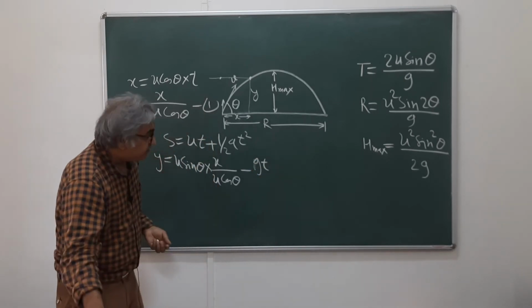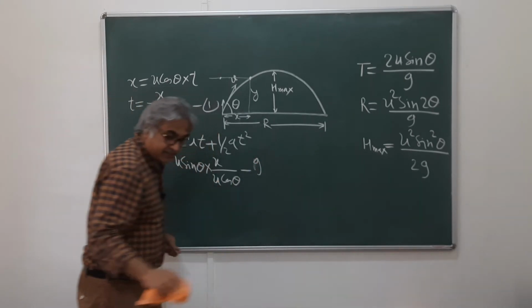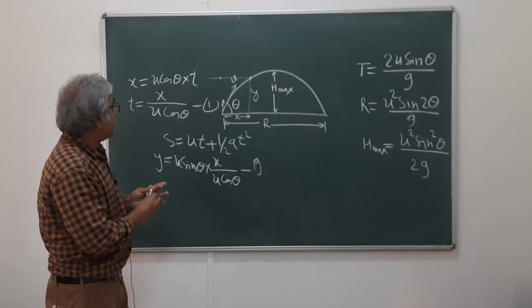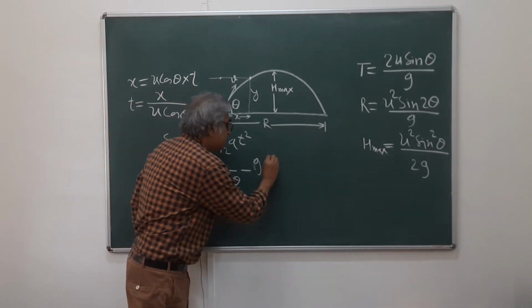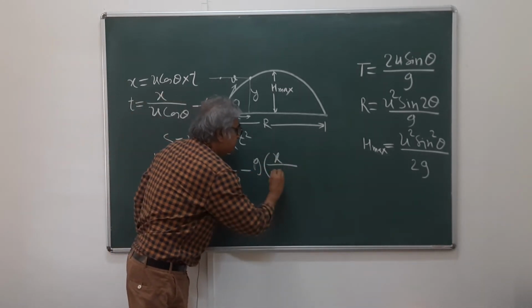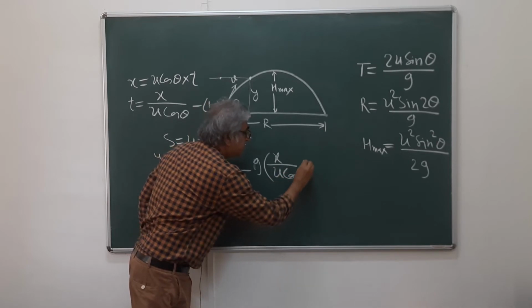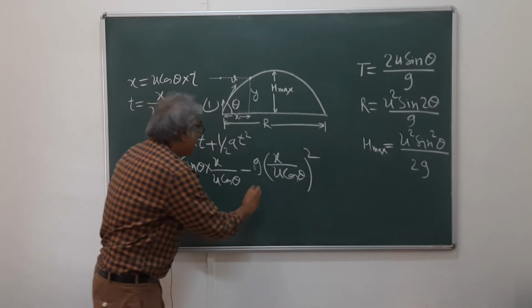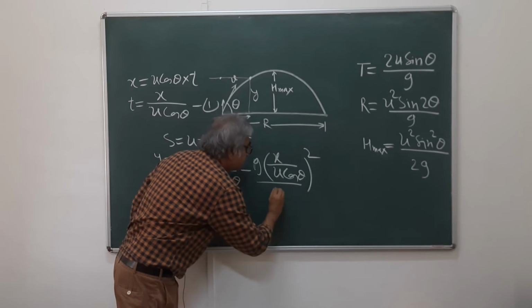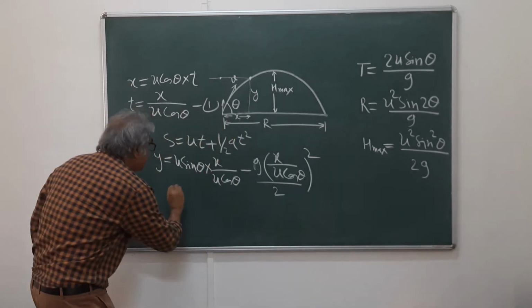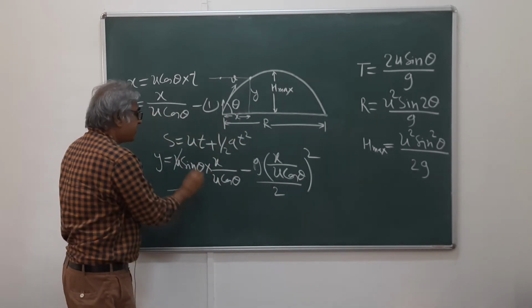But we can place t as x by u cos theta. So this is t square, so it is x by u cos theta whole square, right? And this is 2. Okay. Now this can be simplified. We can say this u gets cancelled.